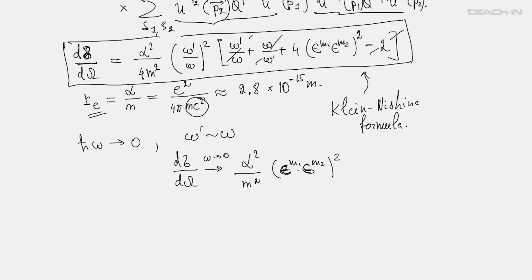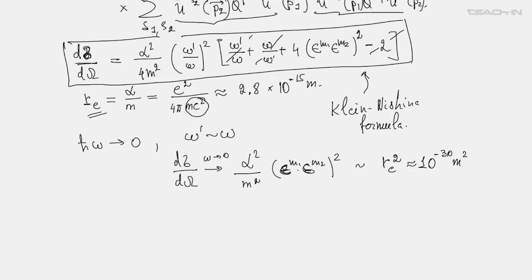And as you see from this formula, this is proportional to the classical radius of the electron squared. So if you do the squaring, then you see that this is approximately 10 to the power minus 30 meters squared. So it's a very small cross section, very small quantity. And that's why in particle physics, one adopts a special area scale to measure the cross section, which is called barn.